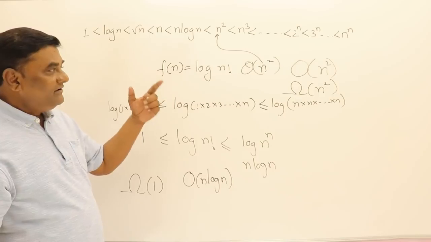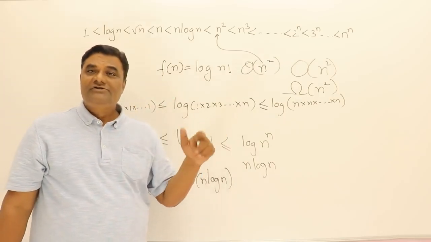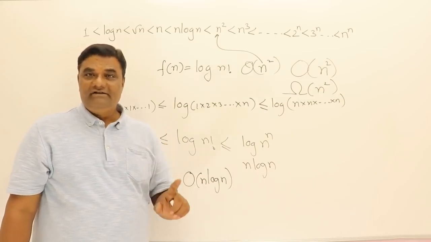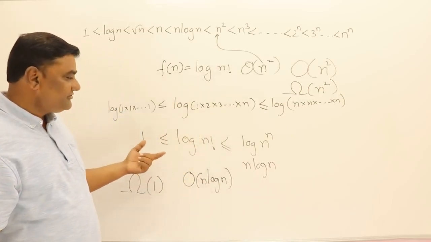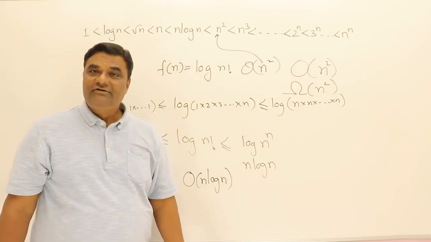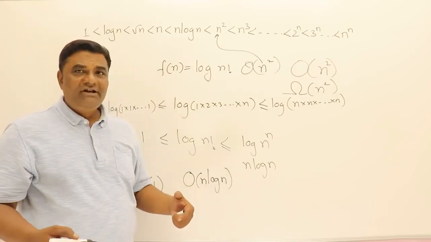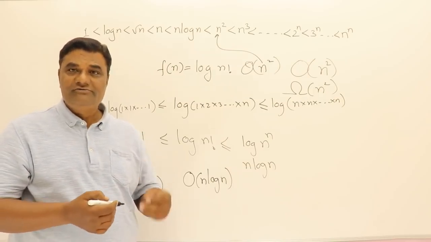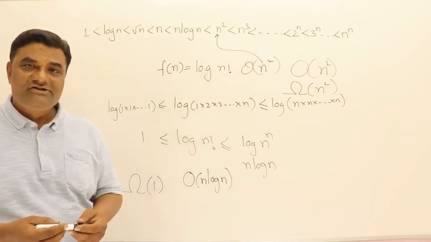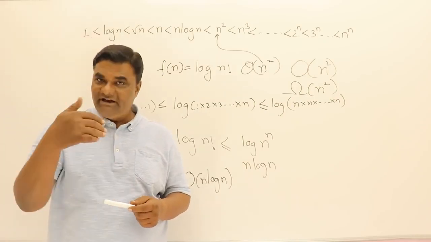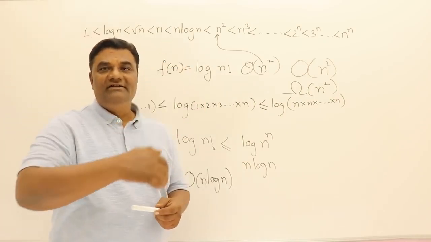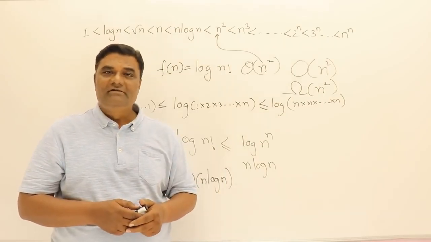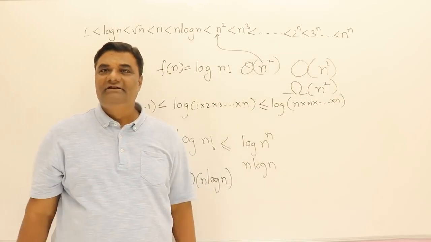So that's why big O or omega are used when you are not sure about the exact one. That is the meaning it gives. So that is much more suitable for n factorial and log n factorial, but you can use them for any purpose. It's not a rule that you must use theta only. You can use any notation. When you are using omega, it means maybe minimum this much and maybe it is more than this. The time may be more than this also. That is the meaning. Theta means exactly this much time only.